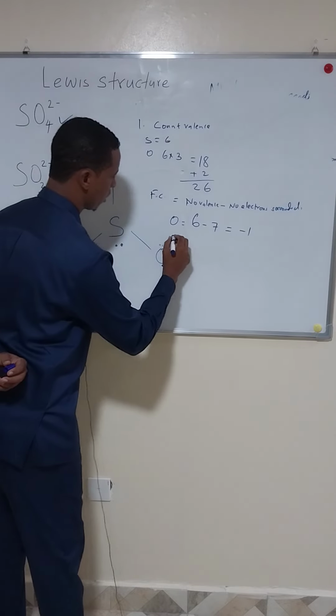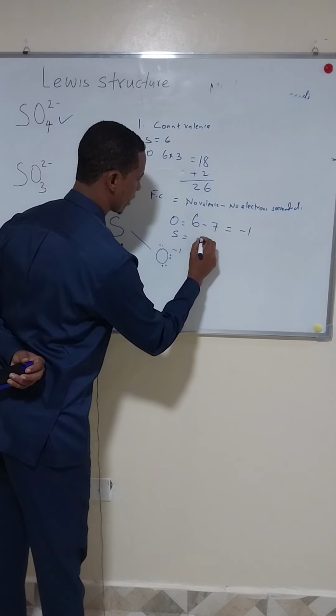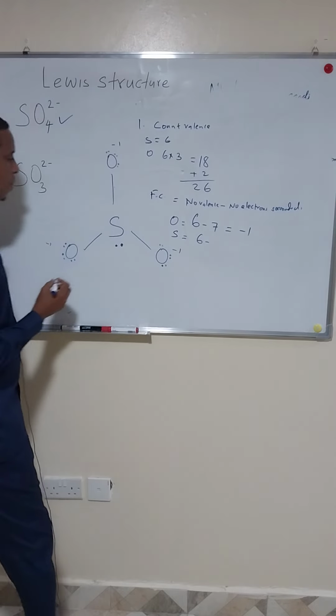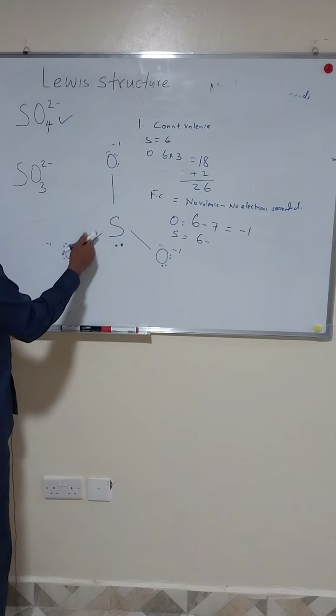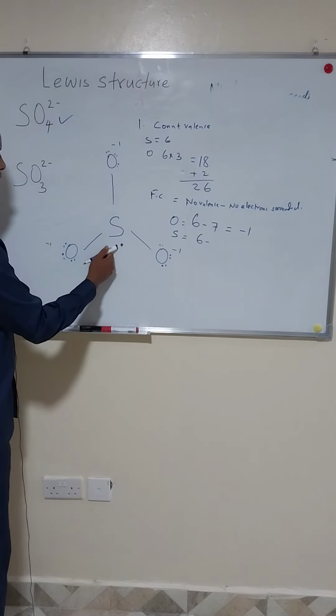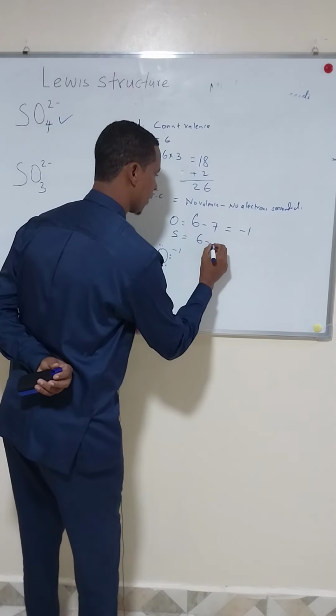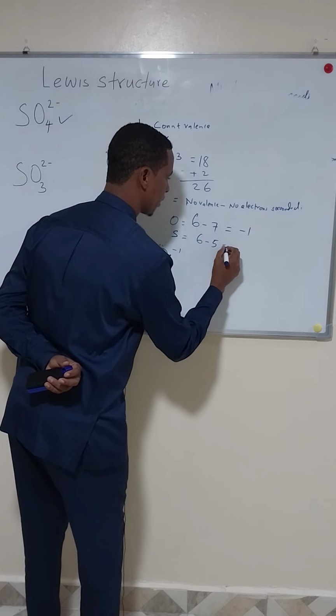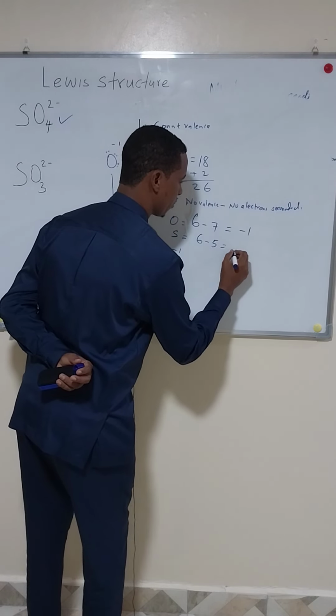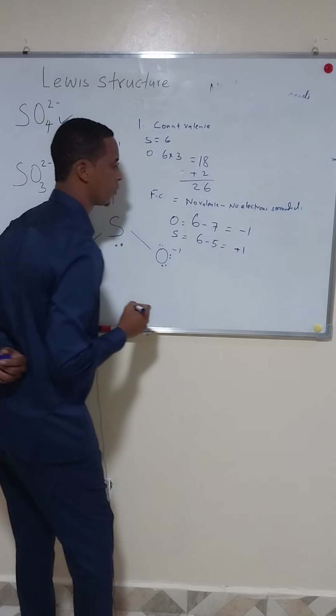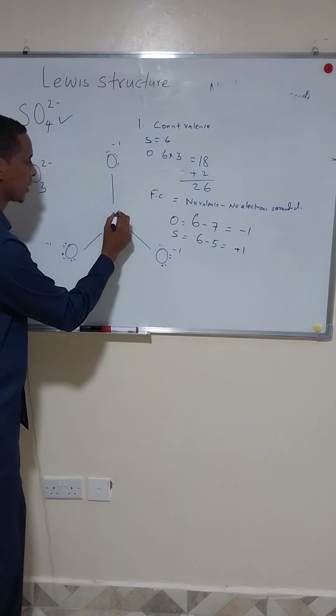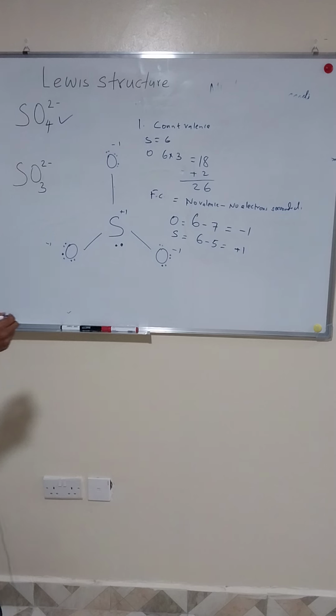Sulfur brought 6 electrons minus surrounded by 5 electrons, which is now positive 1. So sulfur has a charge of positive 1.